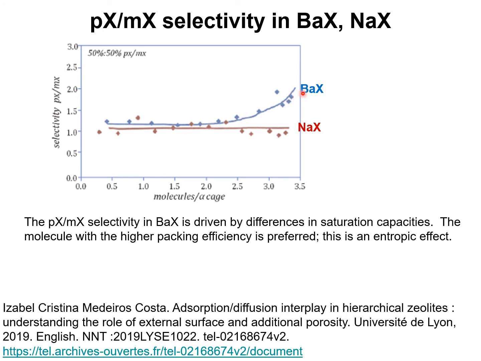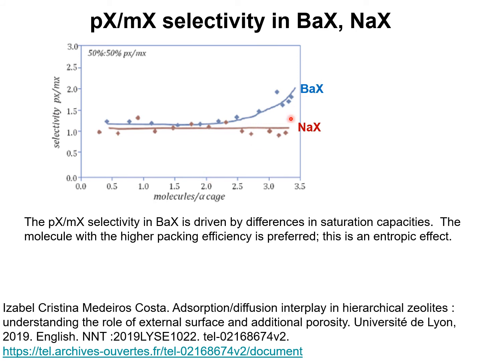Blue represents Barium-X and the red symbols represent Sodium-X. For both these cation exchanged zeolites, the PX to MX selectivity is the same up to a loading of 2 molecules per alpha cage.